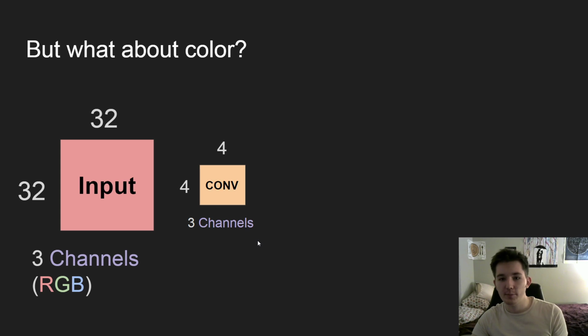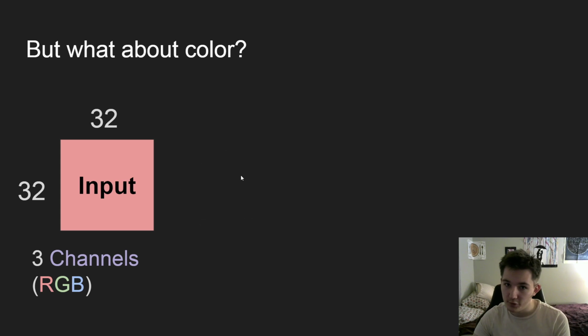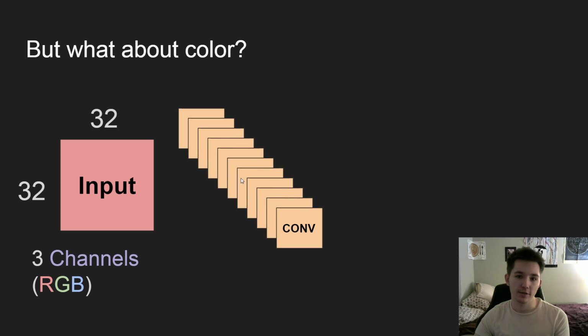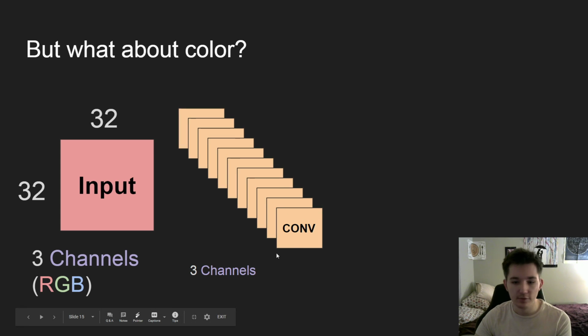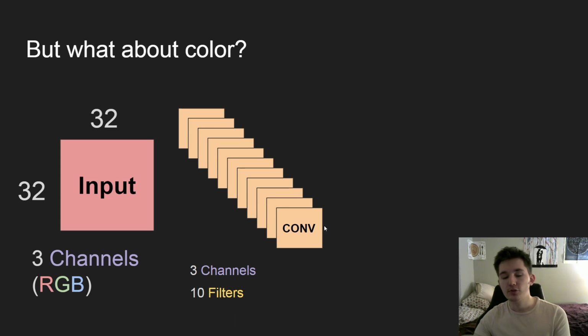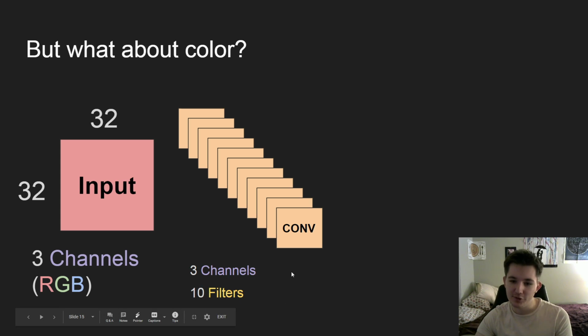Now, that does not say that we will always end up with 1 channel when we do our convolutions. In fact, we can do something kind of cool. Instead of having a single convolutional filter, we can have many convolutional filters. So now we have 3 channels on each of these. Each of these is still 4 by 4 by 3, but we will have 10 filters. You can try to guess what happens when we do this operation now. This is essentially adding a new dimension onto our convolutions, which are now essentially a 4 by 4 by 3 by 10.